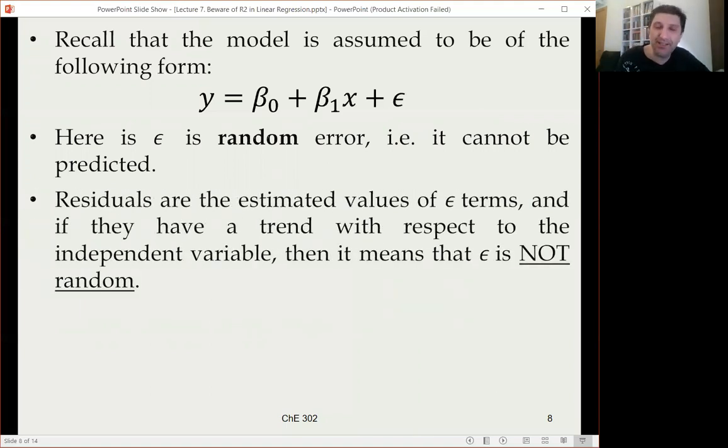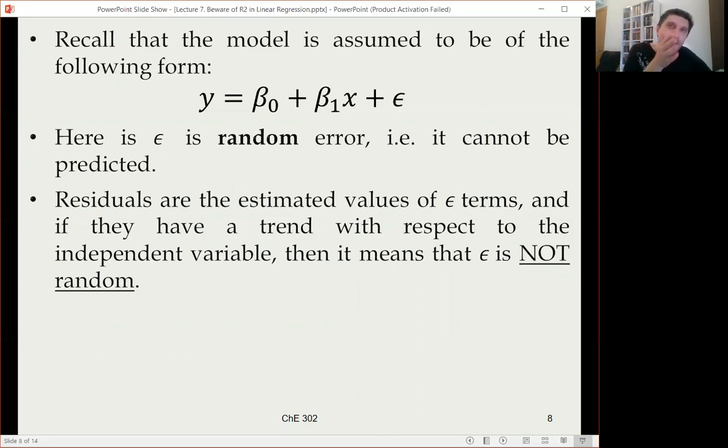Once you have your model, each residual term is an estimated value of an error term. So now here comes the Shyamalan kind of twist in his movies, like Sixth Sense, not that much of a twist. Anyway, when we have a trend in the residuals, and since residuals are the estimations of error terms, it means that the error terms have trends.